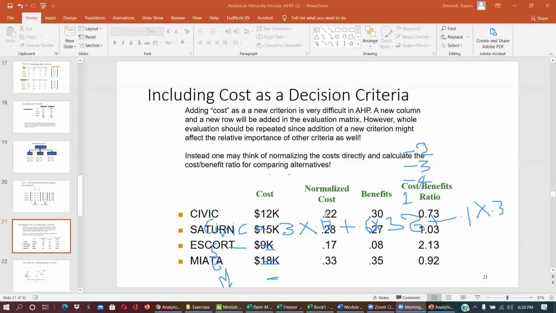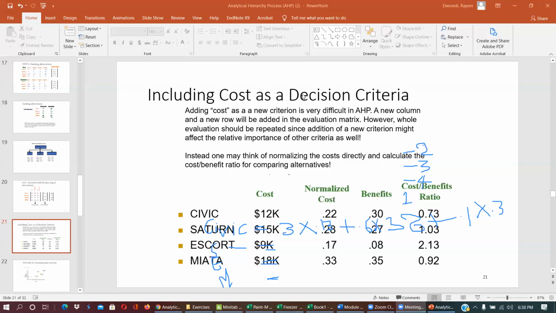Now you can normalize. For example, suppose once you have done these three criteria and now you are going to include a fourth criterion, then you can't directly include it like this. You have to start over, because it is a 4x4 matrix, because after style, reliability, fuel economy, cost is another.